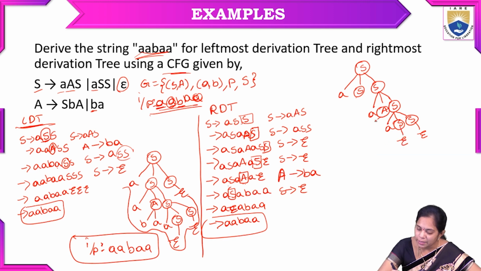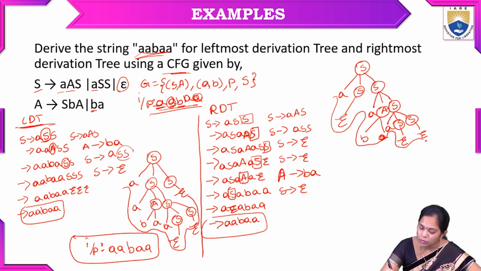And the next step is we take the terminal A, and we have BA there, and the remaining non-terminal S tends to epsilon. So here we will get A, epsilon, A, B, A, epsilon.